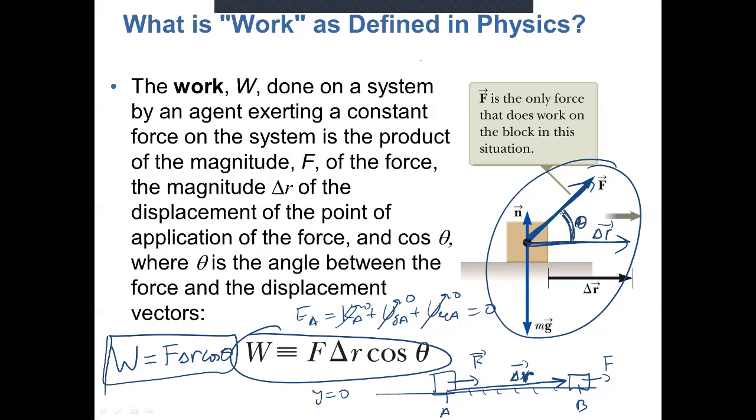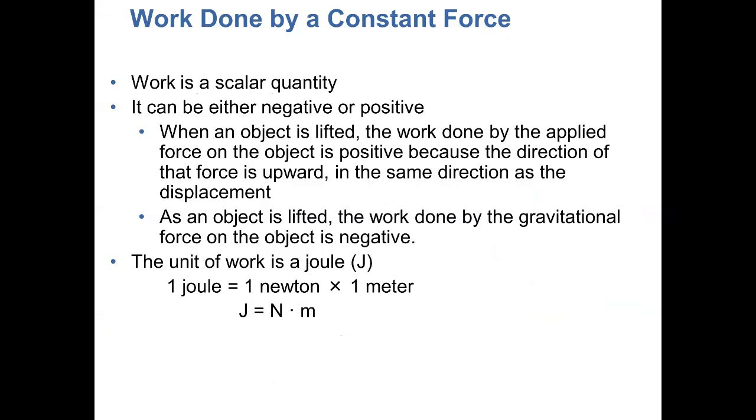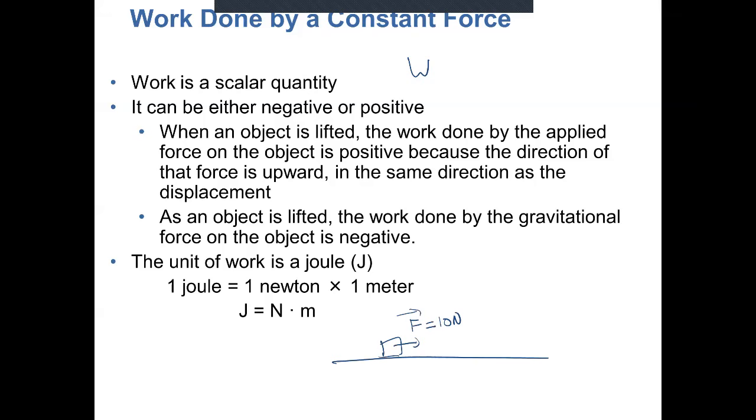Work itself is a scalar quantity. For example, say you push the box with a force of 10 newtons, from point A to point B, and it undergoes a displacement of 10 meters in the x hat direction.